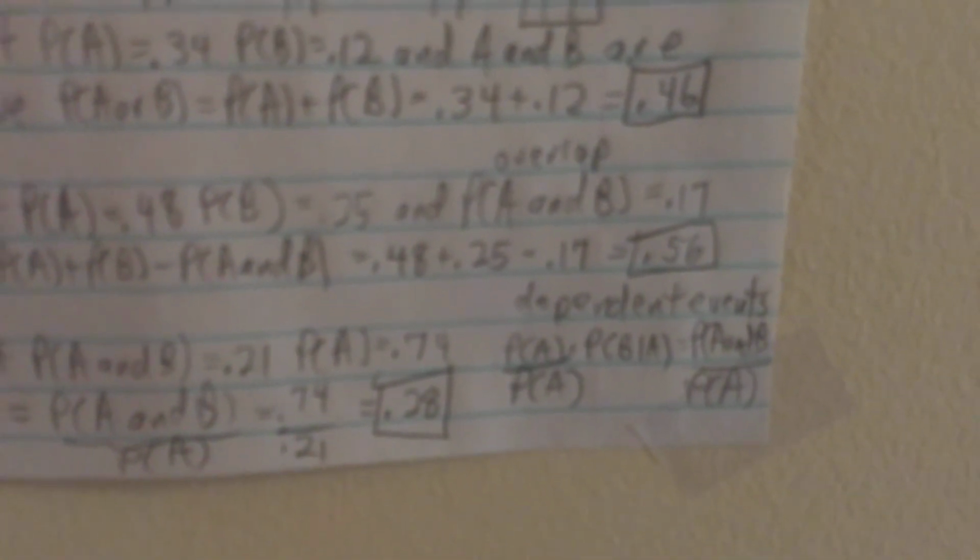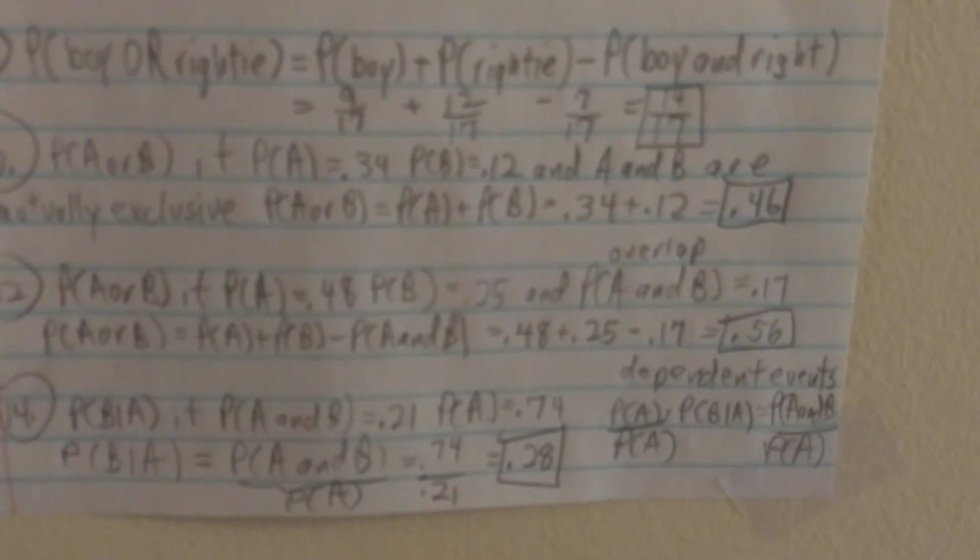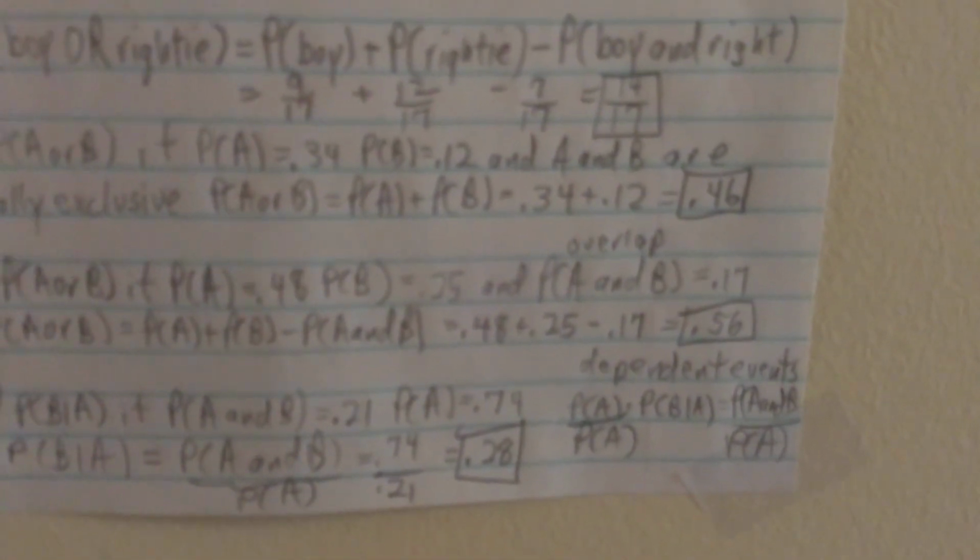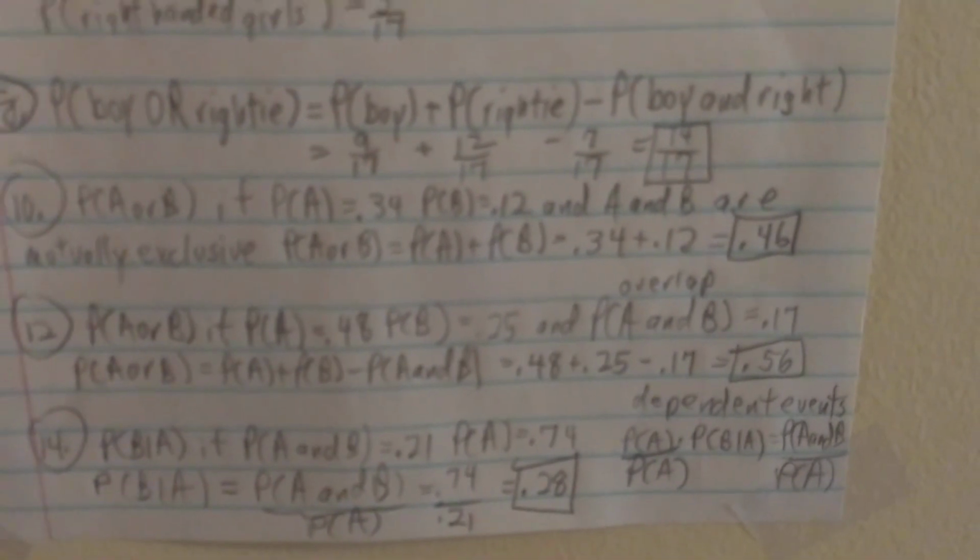The way that we have to determine this is to use the rule for dependent events, which is the probability of A times the probability of B given A, which is what we're trying to find, equals the probability of A and B. And so now dividing both sides by the probability of A, we're left with the probability of B given A equals the probability of A and B over the probability of A, which is 0.74 over 0.21, giving us the final answer of 0.28.